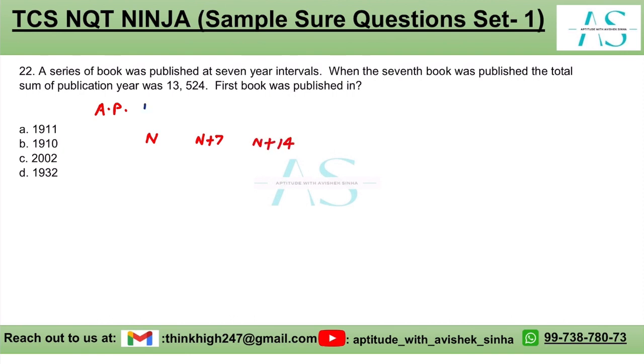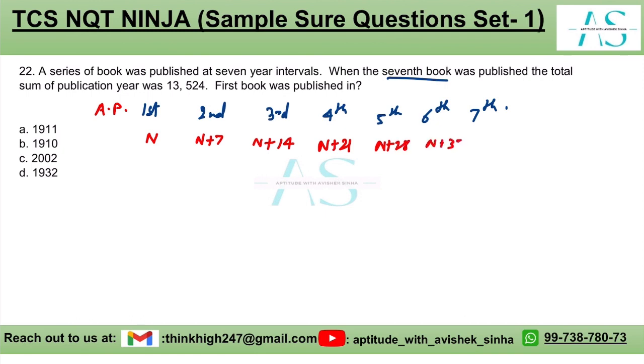We need to go up to the 7th value, so I'll quickly write this down: n plus 21, n plus 28, n plus 35, and the last one is n plus 42. The 7th term is n plus 42, the first term is n, where n is the missing value. We are looking for the value of n.